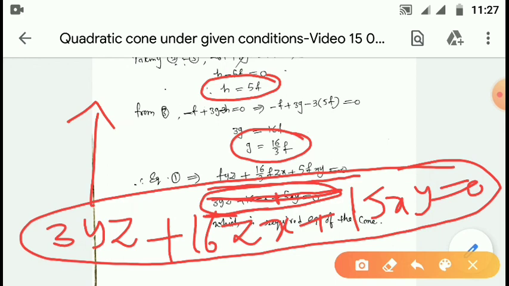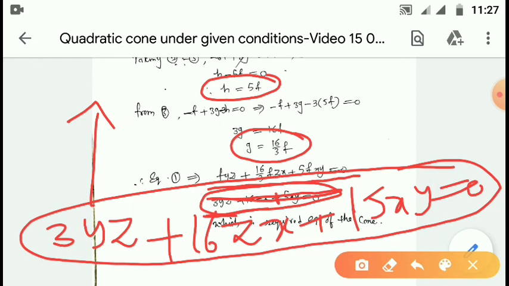If we are asked to find the equation of a quadratic cone whose vertex is the origin and which passes through the coordinate axes and also through two given straight lines, first of all you have to take the equation which passes through the three coordinate axes as fyz plus gzx plus hxy is equal to 0, and apply the condition that this cone passes through the given two straight lines. It can be easily seen that the two lines are generators of this cone and hence the direction ratios of those two lines satisfy this equation of the cone.